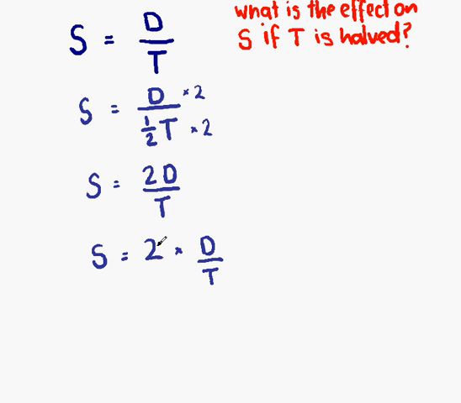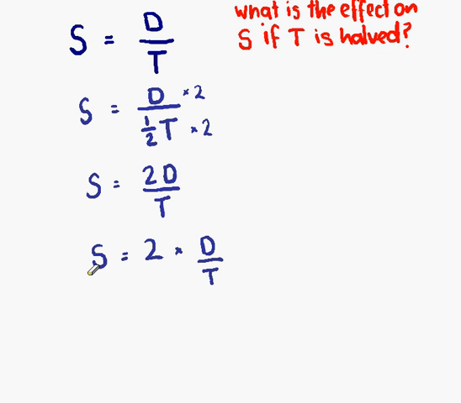Well, if you think 2 is just a whole number, to make it simpler, if we think of it as 2 over 1, then 2 times d in the top gives us a 2d on the previous line, and 1 times t on the bottom just gives us our t part. So that's where this whole number 2 over 1 comes from. We can forget about the over 1 part again because we know that that just is the same as 2.